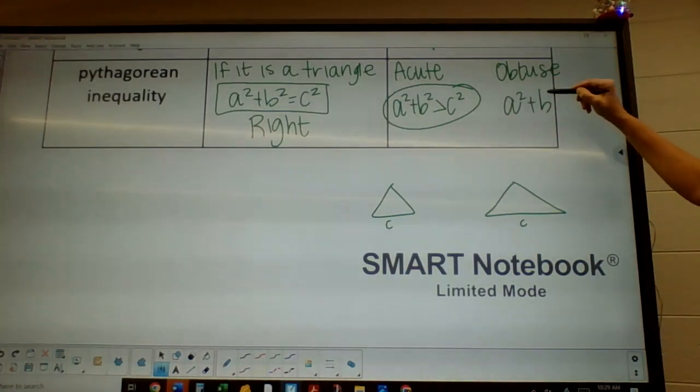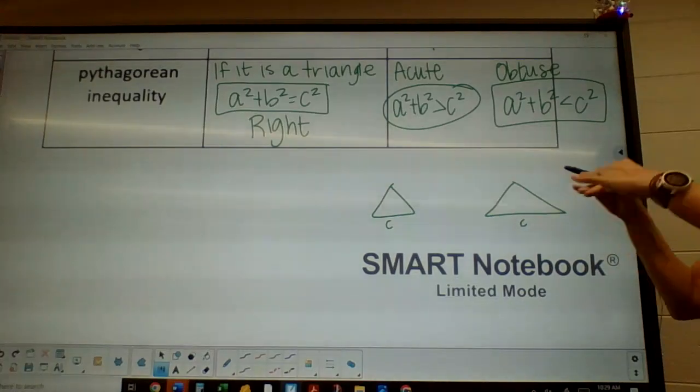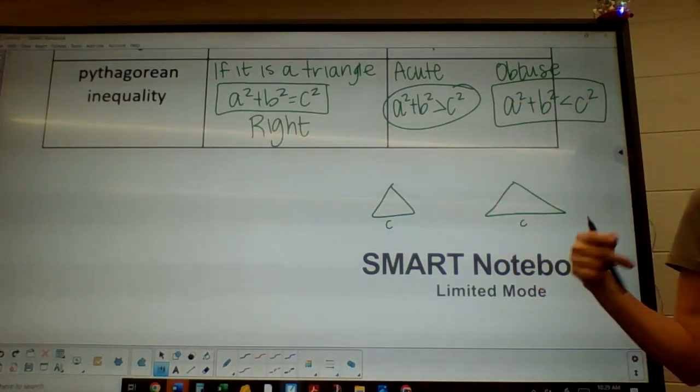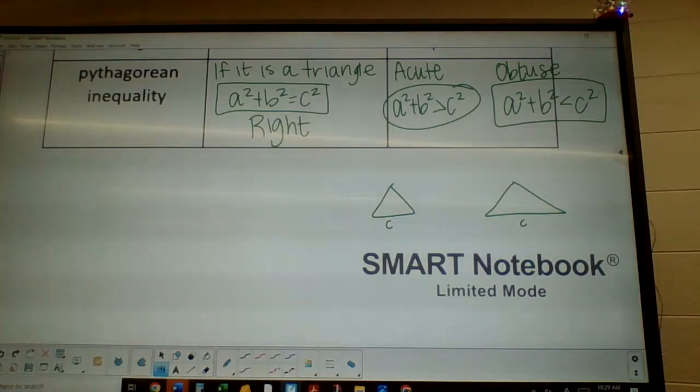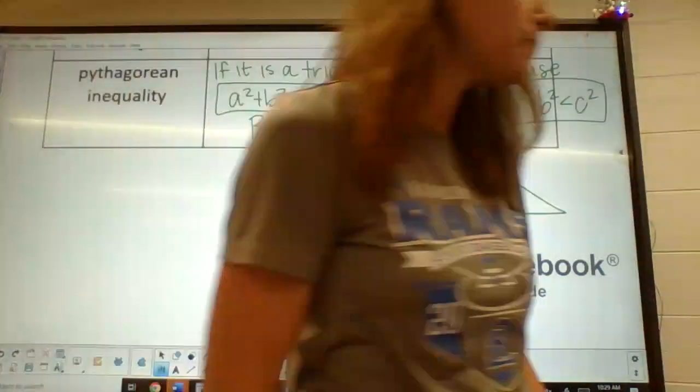I think about c being longer, which makes that triangle look obtuse. If we're comparing two triangles, c being longer is what I'm thinking about. If it's equal, it's right. But remember, there's also a possibility of this not even being a triangle, so we want to check for all of those cases.